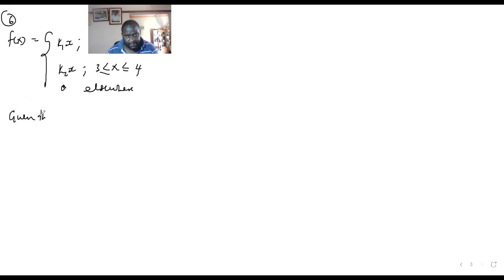Given that f of 3.5 is equal to 3 out of 11, find the values of K1 and K2, where K1 and K2 are constants.